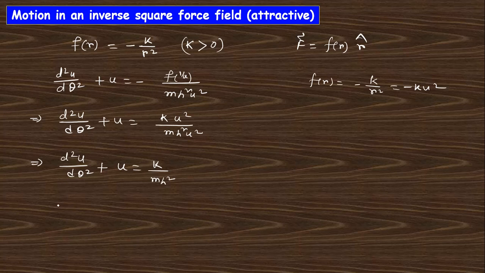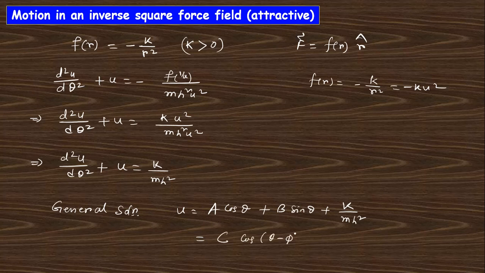So this is the differential equation, and the general solution will be u equals a cos theta plus b sin theta. If you don't know this, you can refer to the differential equation solutions in the playlist. Okay, you can see here this is the solution, and if you combine these two, you can write c cos theta minus phi plus k by m h square.